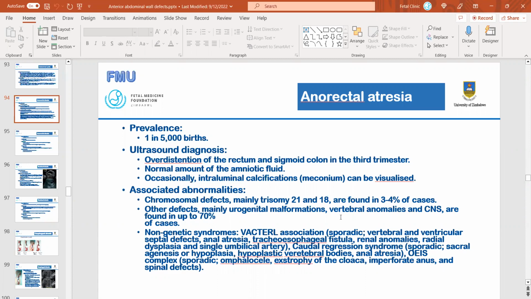Then we also have the OEIS syndrome or complex, which is sporadic again, where there's omphalocele, then exstrophy of the cloaca, which is cloacal exstrophy, and we have an imperforate anus and some spinal defects. So with these non-genetic syndromes, whenever you see multiple defects, you need to use the syndromic approach.